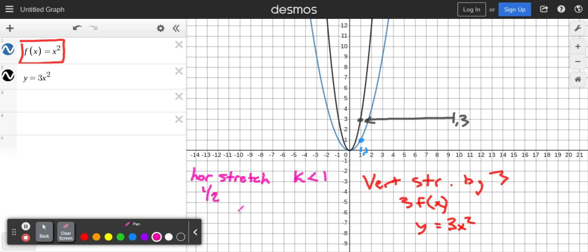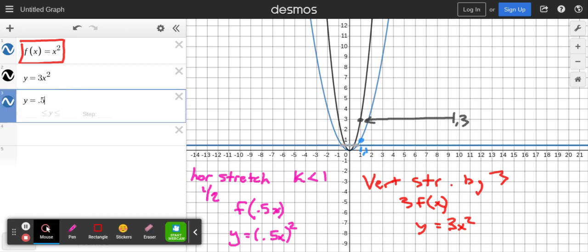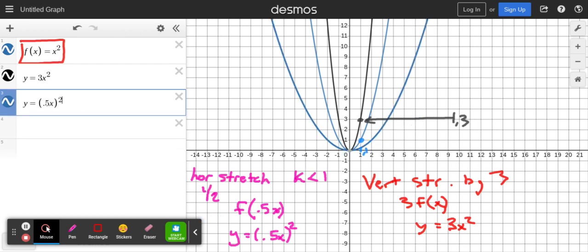So now we're going to go f of 0.5x, or f of 1/2 x. So y is going to be equal to parentheses 0.5x squared. All right, and now we see we horizontally stretched it.